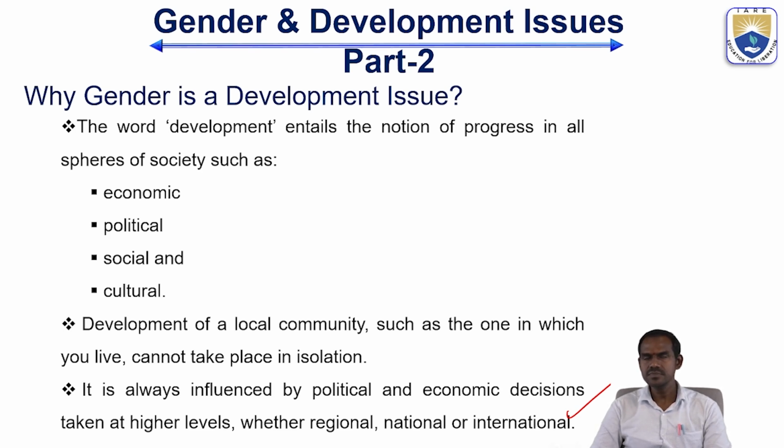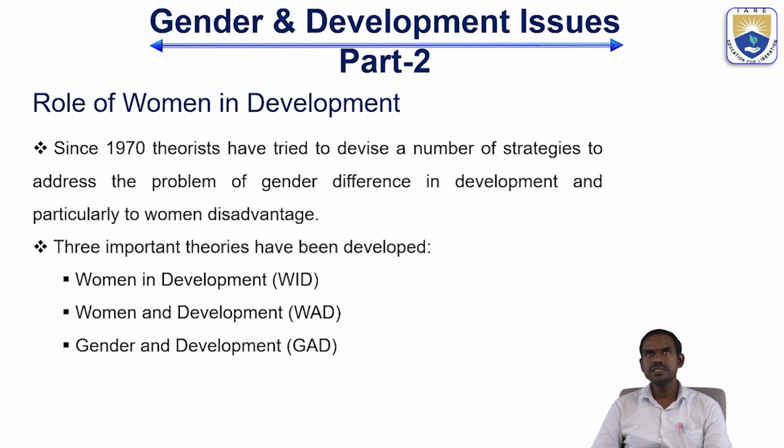Now let's look at the role of women in development. As I said, there are three theories. Since 1970, theorists have tried to devise a number of strategies to address the problem of gender difference in development and particularly women's disadvantage.